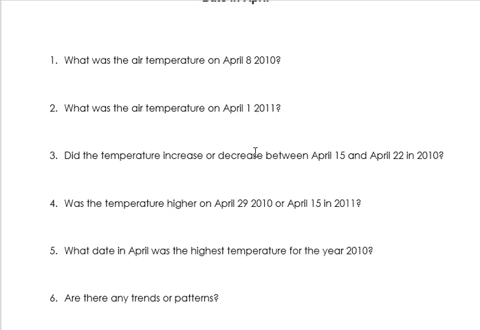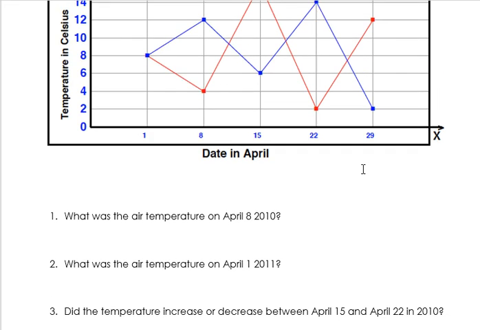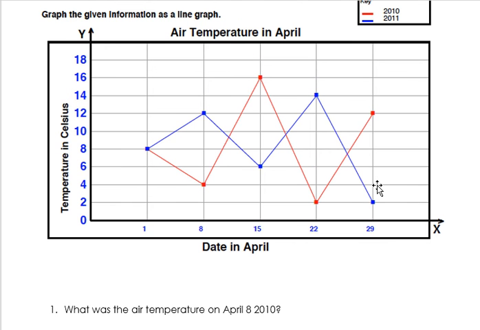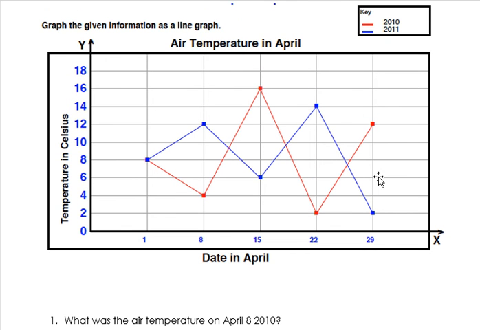Question 4 asks, was the temperature higher on April 29th, 2010 or April 15th in 2011? So this is asking you to look at 2 things. You need to find April 29th in 2010 and April 15th in 2011. So doing 2010 first, we find April 29, 2010, which we know is our red.